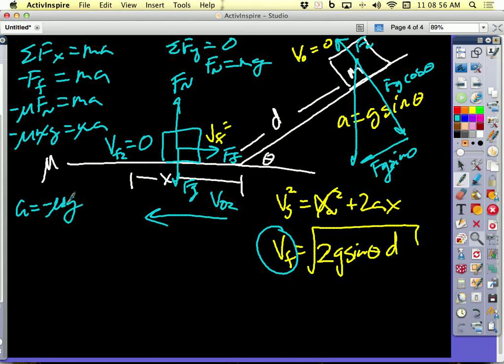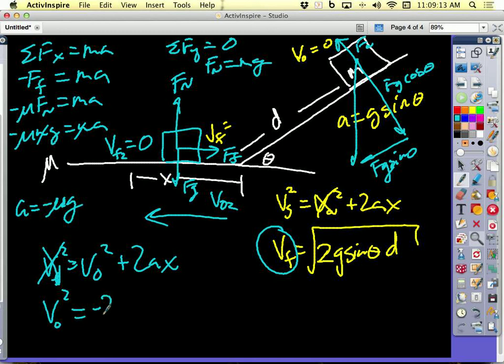So once again, initial velocity, final velocity, distance. I want to find the distance, so I say vf squared equals v0 squared plus 2ax. My vf is 0, so I get 0 equals v0 squared plus 2ax.